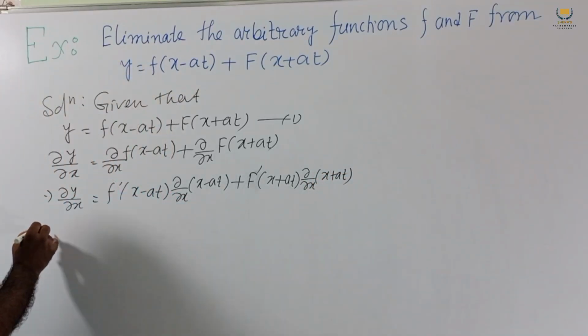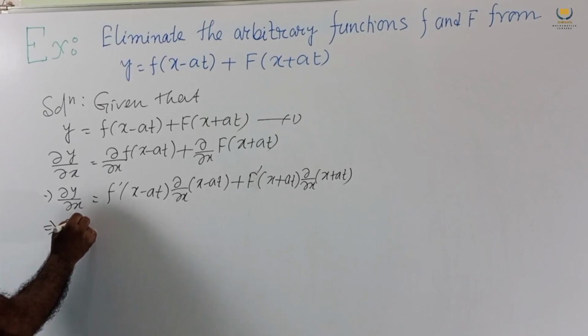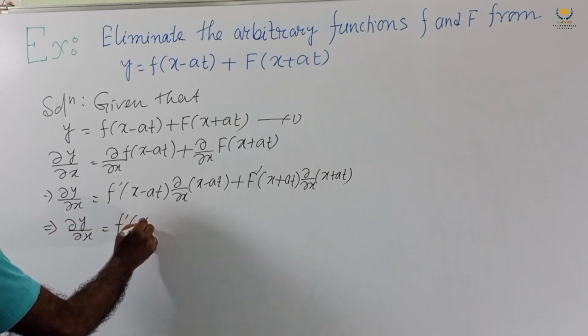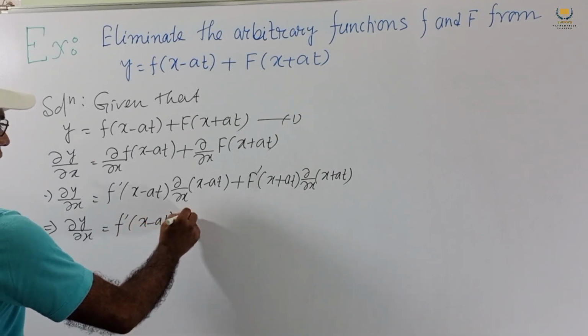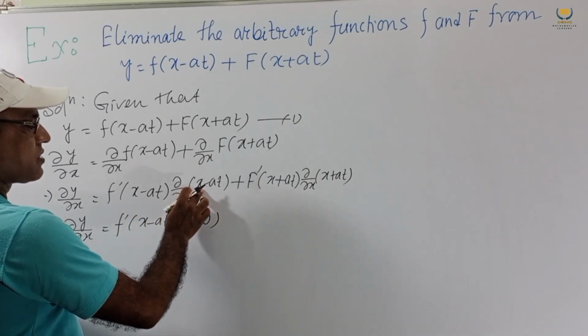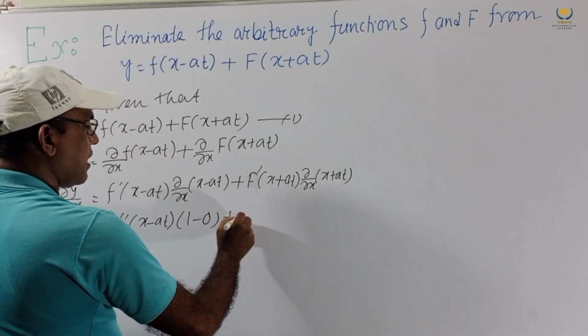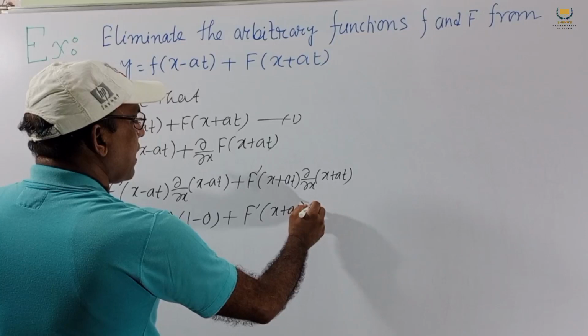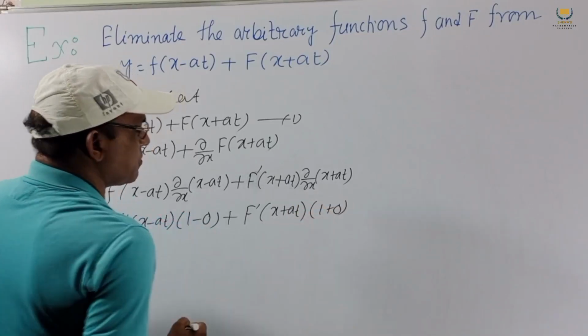So this implies ∂y/∂x = f'(x − at)·∂/∂x(x − at) + F'(x + at)·∂/∂x(x + at), which is f'(x − at)·(1 − 0) + F'(x + at)·(1 + 0).